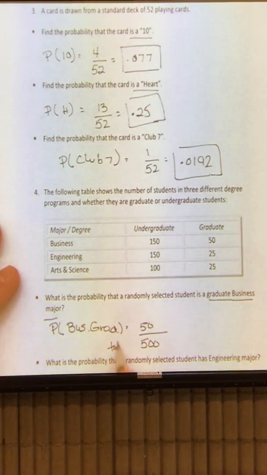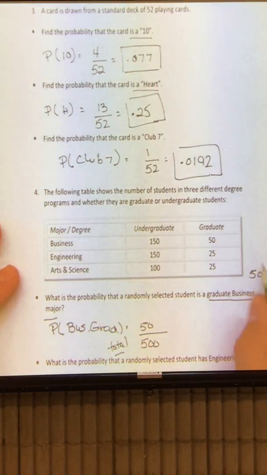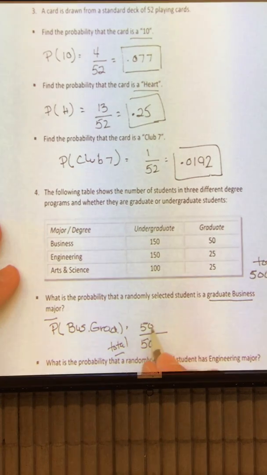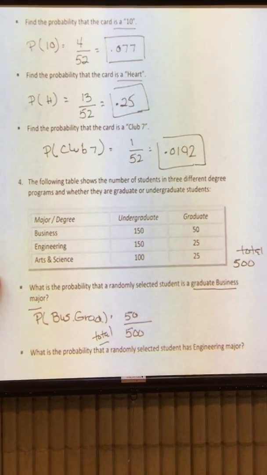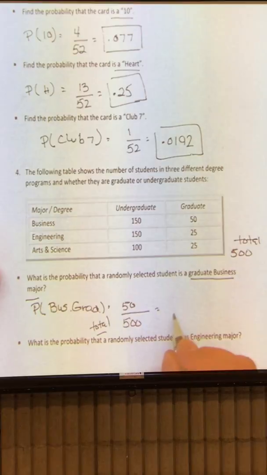Make sure you total your columns. You have a total of 500. So the probability of the event is 50 divided by 500, which is equal to 0.10.